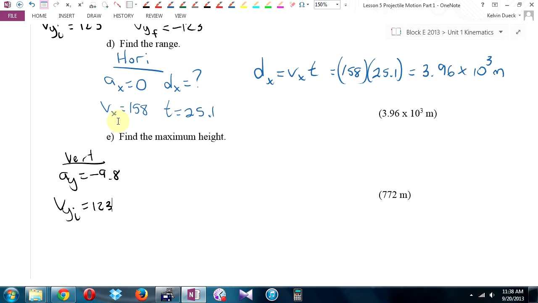What else do I know vertically? Sorry? Oh, you're saying I know VY final? How do I know how fast the vertical velocity is at the top? Oh, for a split second vertically, it comes to a stop. Is that 3 things? I have enough to find the 4th.